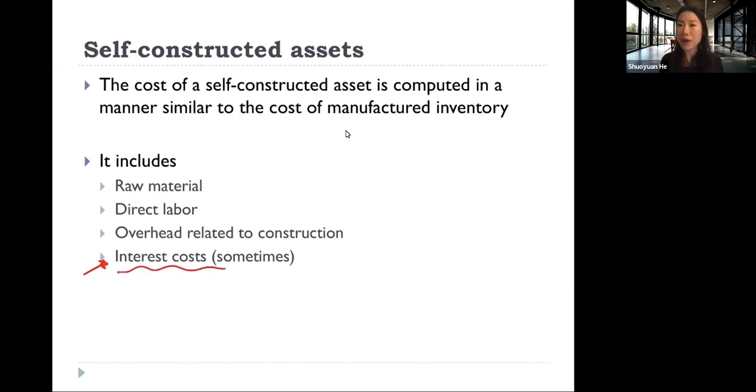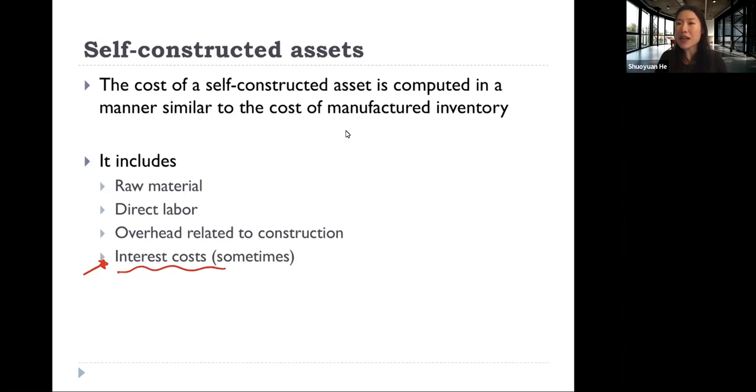I'm going to talk more about it in a minute, but in a word, if a firm decides to self-construct an asset, sometimes firms may need to borrow from a bank or from outside in order to construct that asset, because an asset usually takes a lot of capital. And when the money borrowed is used in self-constructing the asset, we know that usually interest expense needs to be expensed.